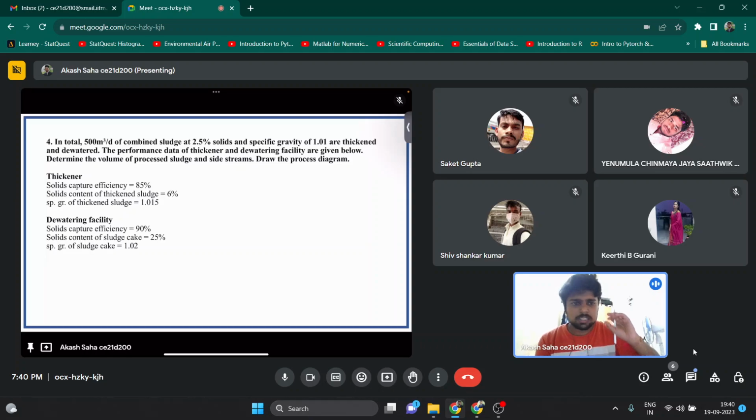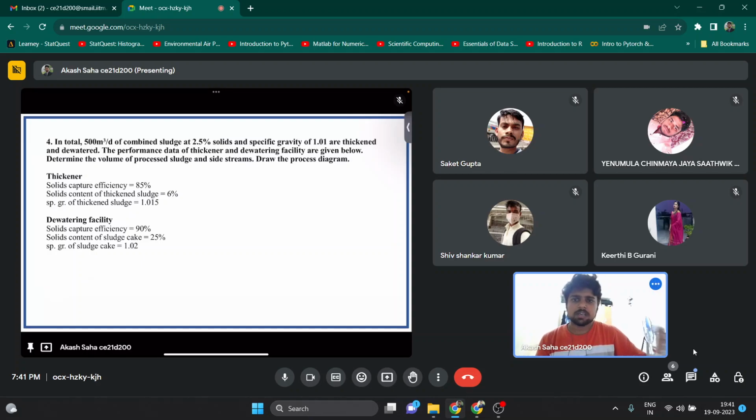So there is a combined sludge which is first going through the thickener. There will be a change in the characteristics, and from the thickener it is going to the dewatering facilities. We have to find out the characteristics after the thickener and after the dewatering facility, because some part will be removed and some part will come as a side stream.